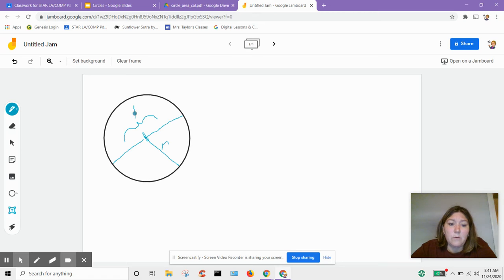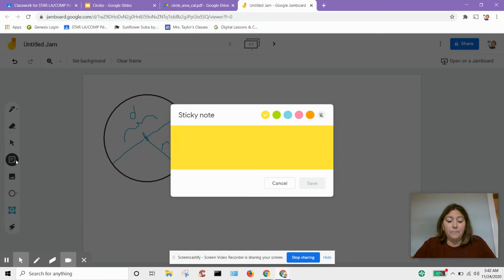Now something important to remember: notice here's a radius, here's a radius, here's the diameter. Two radii, when you put them together, equal a diameter. That's an important piece of information.